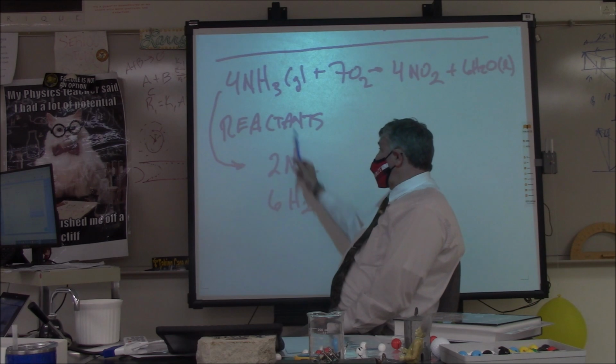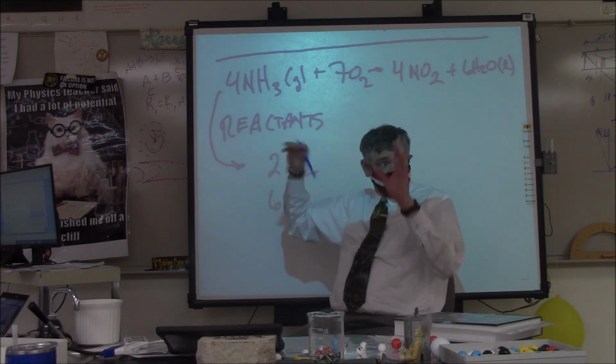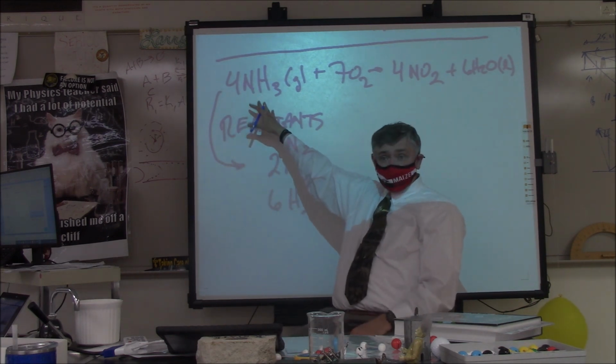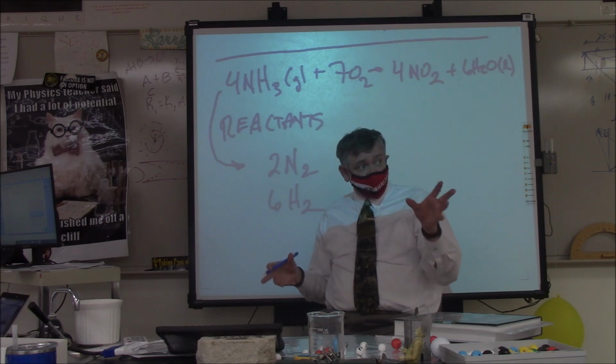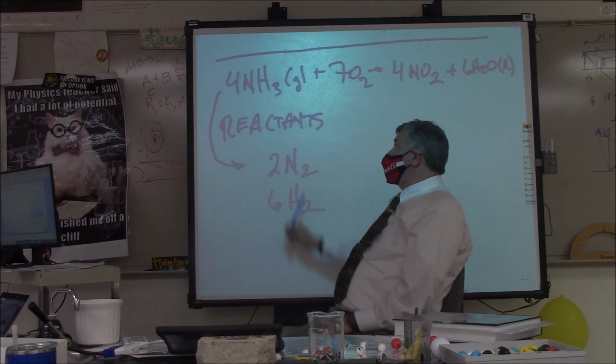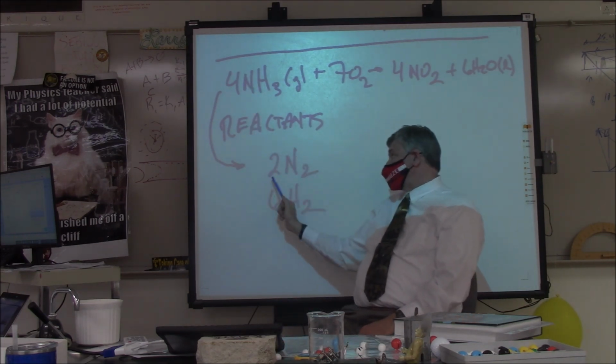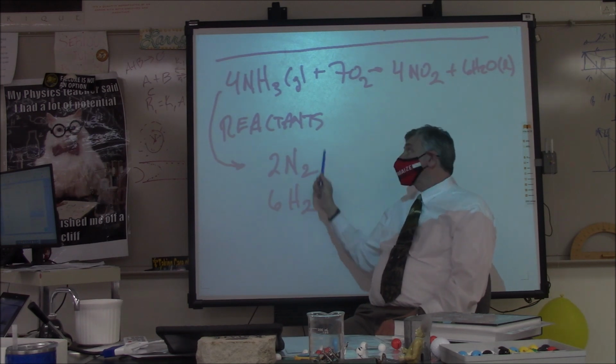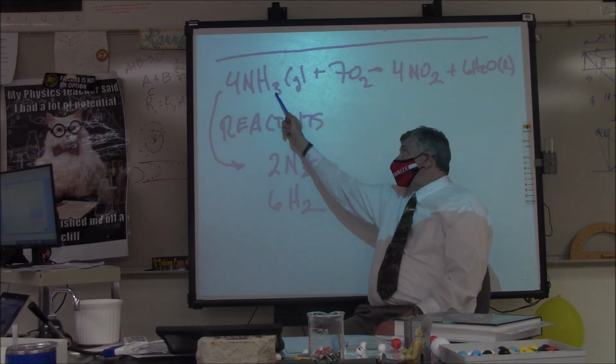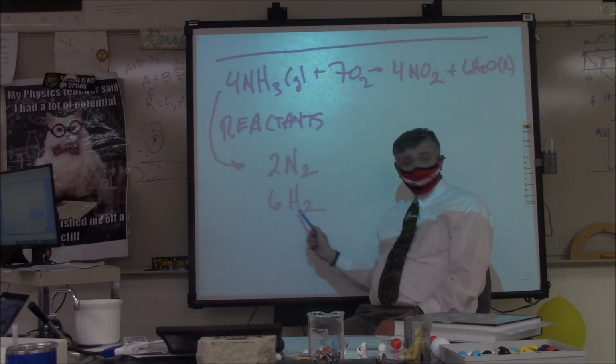So this is how I got that 12. So if you were just to build these out of their elemental particles, there's 4 nitrogens, so this is why I have 2 N2s. And then I've got the 4 NH3, a total of 12 hydrogens, so that's why I've got this.